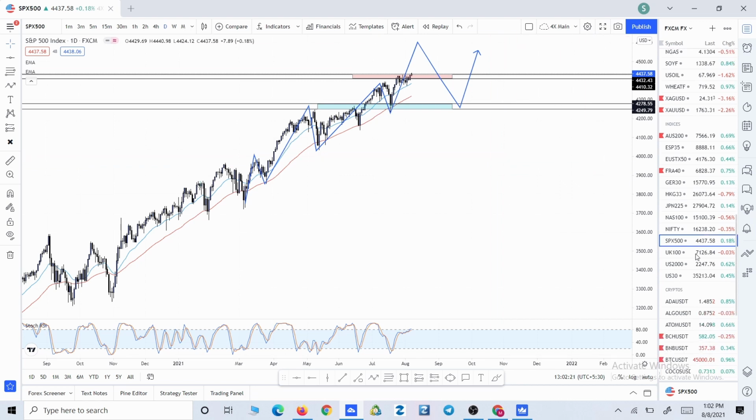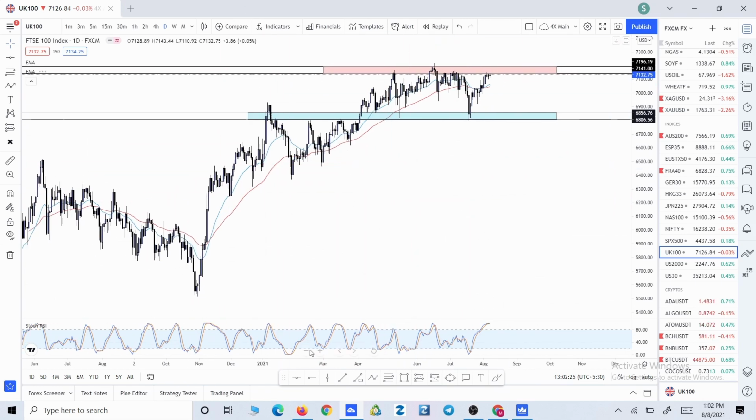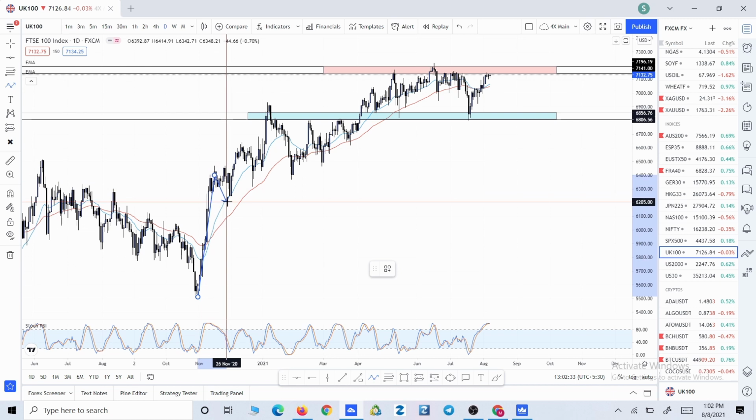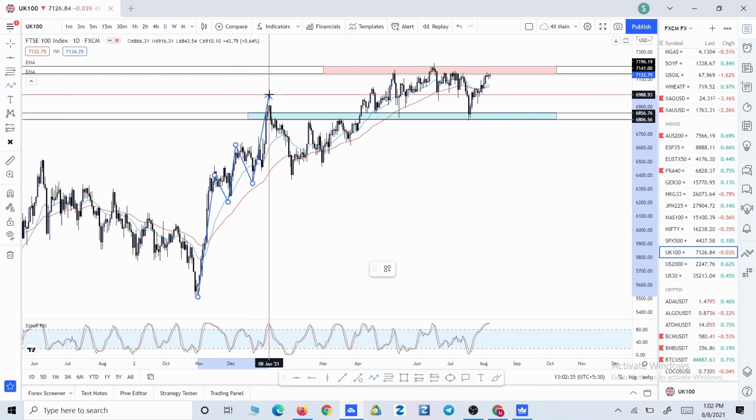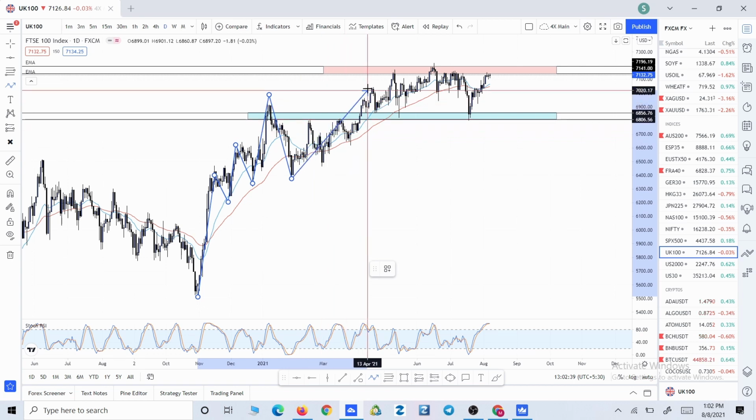Next, we are going to talk about UK 100. UK 100, as we can see, price is in an uptrend. Starting from here, suppose we have high, low, high, higher low, higher high, and same low. Then we have higher high, higher low, and higher high, same low.